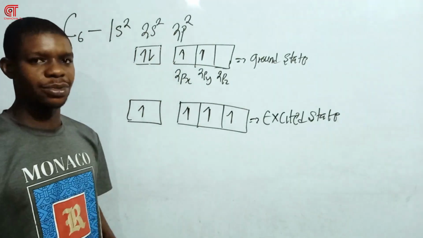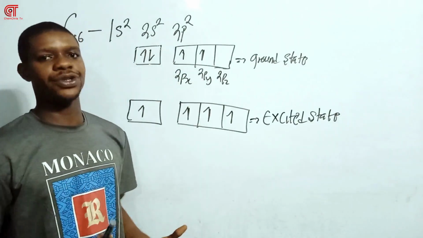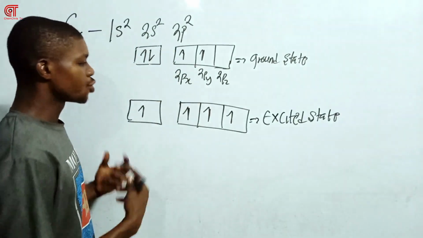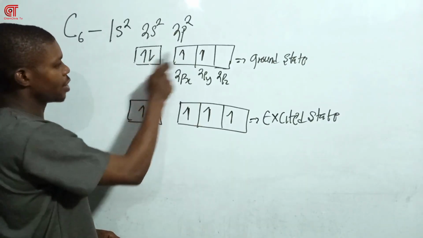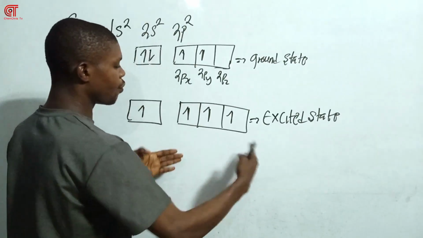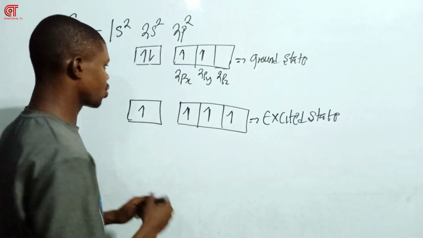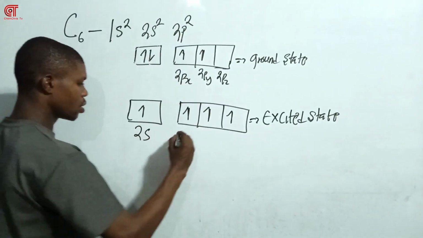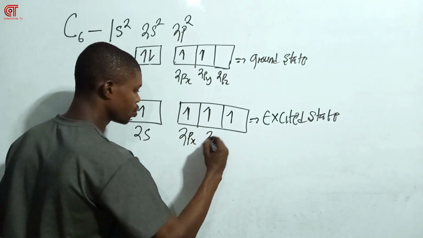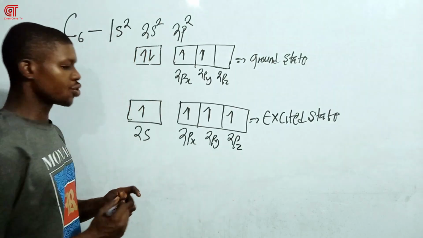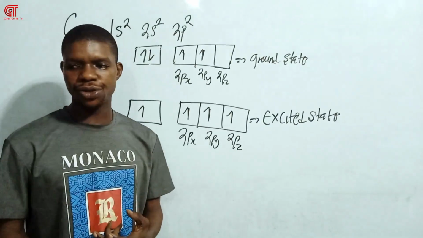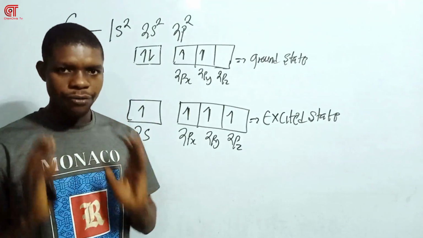This is the key concept to understand sp3, sp2, and sp. In the excited state of carbon, because one electron is promoted from here to here, we now have four unpaired electrons: 2s, 2px, 2py, and 2pz. This is what carbon makes use of in bond formation.